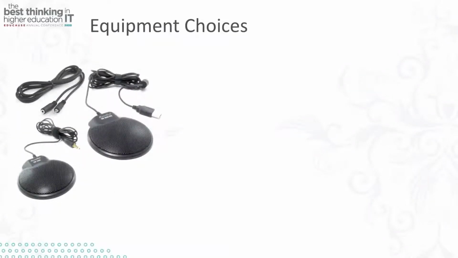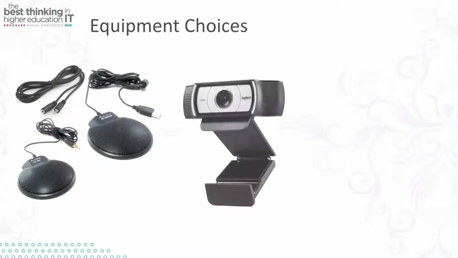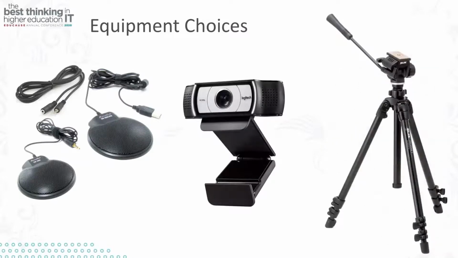This is the set that we chose for Stephanie's class, the SoundTech USB dual microphone, a boundary microphone, a Logitech C930 webcam, and a tripod to mount it and to place it appropriately. We also had some USB extender cables in case we needed to bring the distance out a little bit further from the podium. Okay, so just the equipment choices were really key in our discussion.